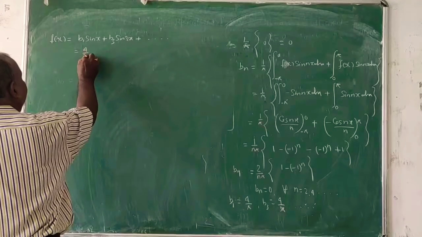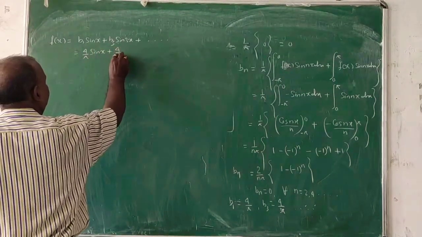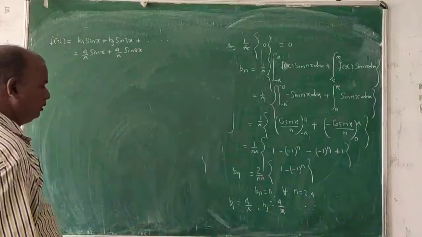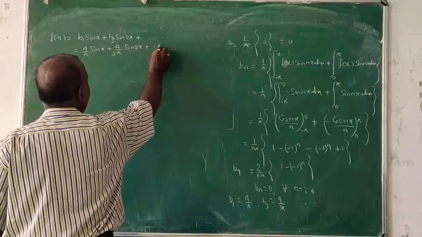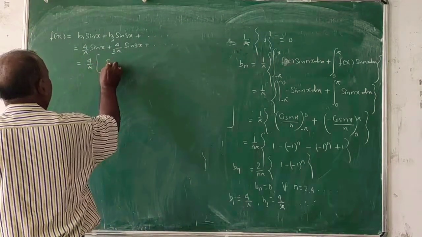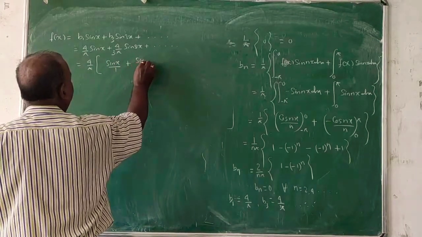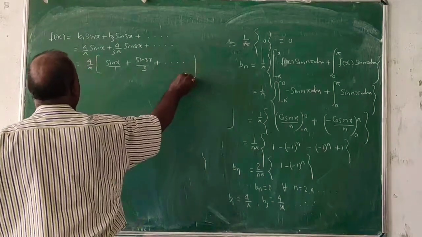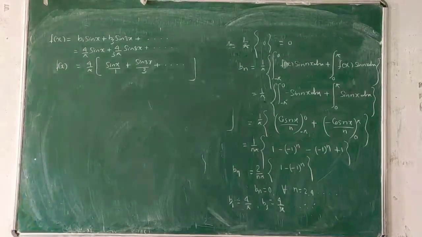This is 4 by pi sin x plus 4 by 3 pi sin 3x. Take 4 by pi as common. Then this is sin x plus 1 by 3 sin 3x plus 1 by 5 sin 5x, and so on. This is the value of your f of x.